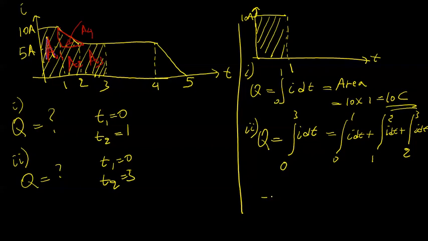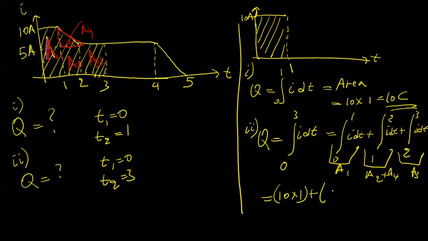Now in the first area, this is technically A1, this is technically A2 plus A4, this is A3. So A1, A2, A3, and A4. A1 is 10 times 1, and A2 is 5 times 1, and A3 is this one. So let me just say A4.